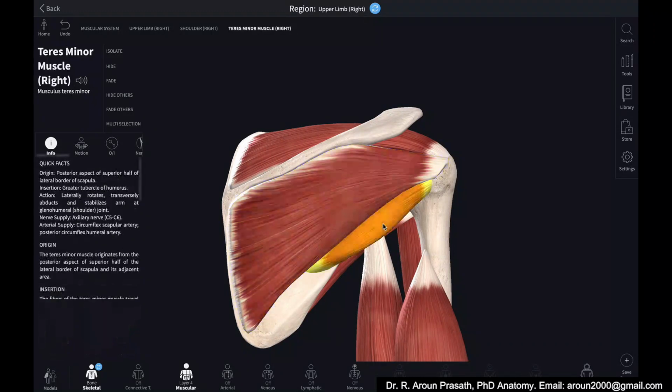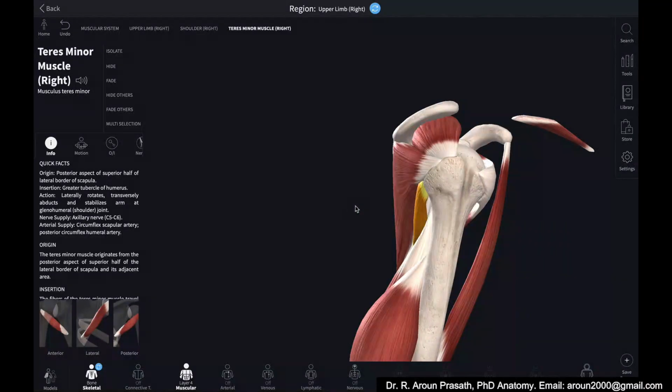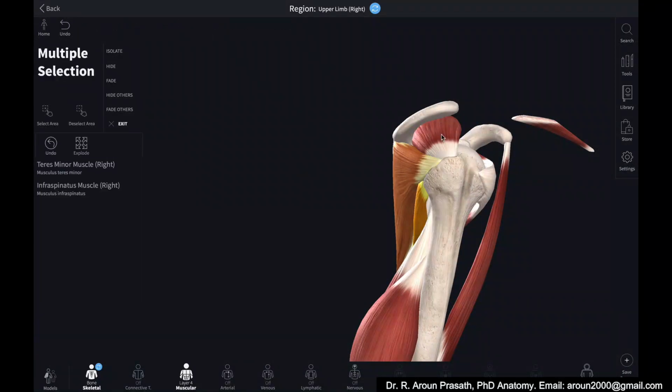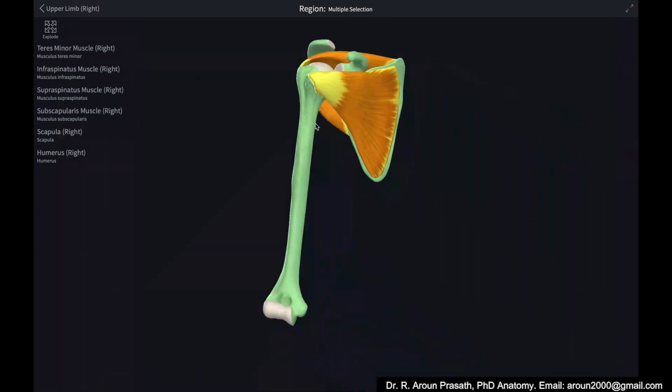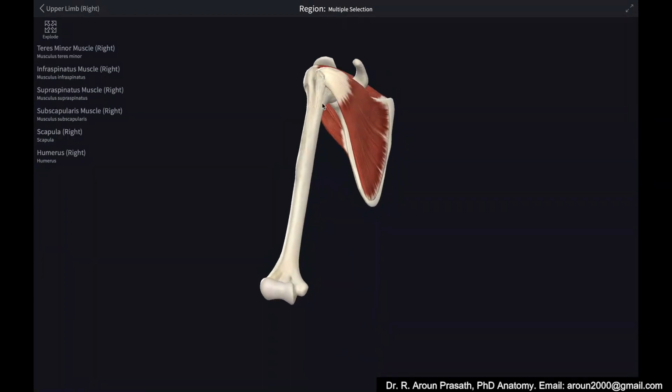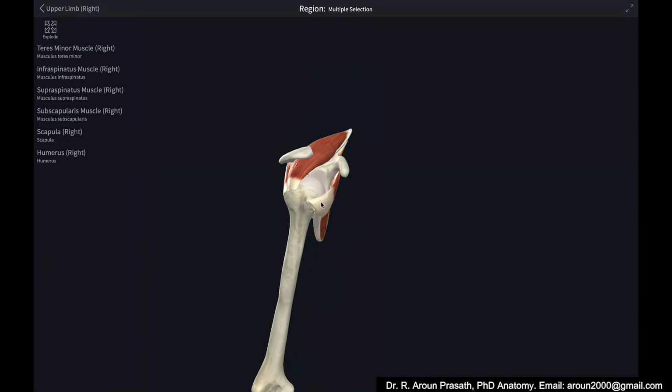And there is another small muscle called teres minor. It originates in the infraspinatus fossa region and goes to the upper end of the humerus. You see, all these four muscles are hugging the head of the humerus. These four muscles are called the rotator cuff muscles.